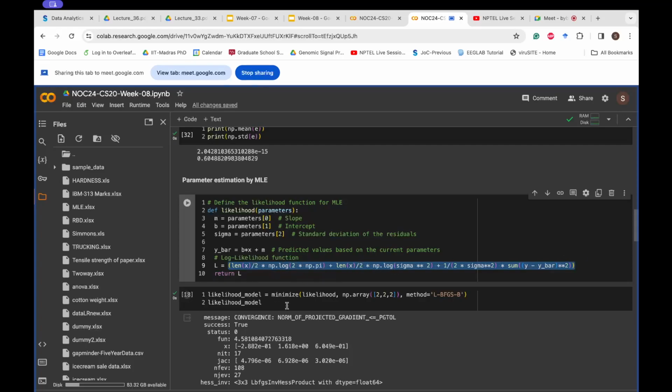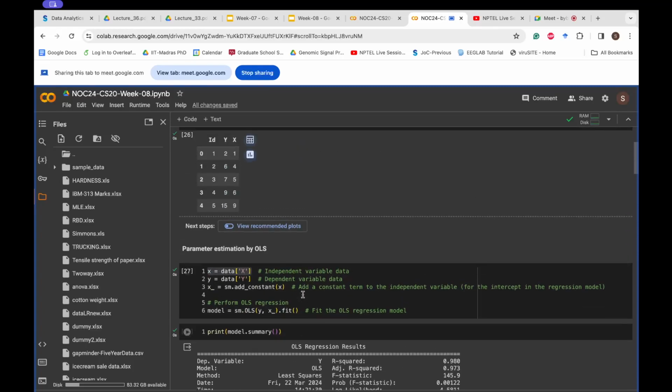And for that you can use this function called minimize. Actually it is minimizing the negative of the likelihood internally, as far as I can understand, because we try to maximize this likelihood function. So the professor has used this function minimize. Maximizing L is equivalent to minimizing the negative of that value.